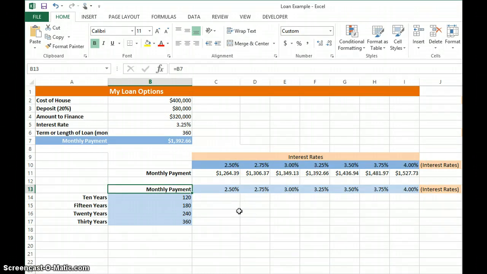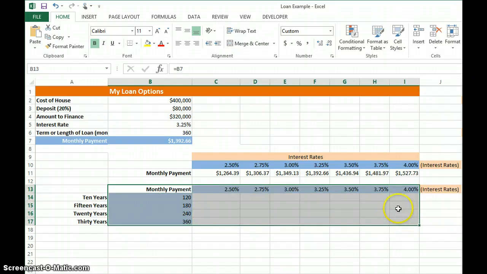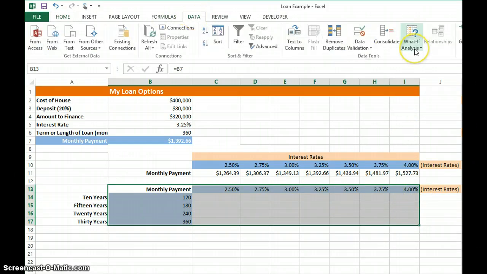So we're all set now for the double or two variable data table. We have to highlight the whole of the table, including this list here and including the interest rates. Again, we go to Data. Again, we go to What-If Analysis, because that's what we're doing, saying what if this happens or what if that happens, and Data Table.